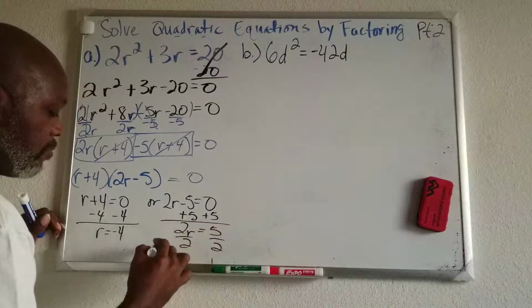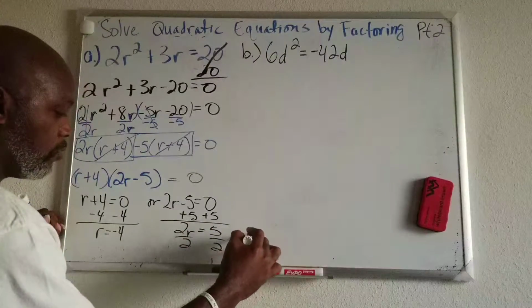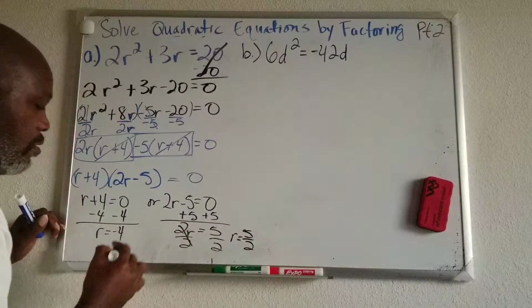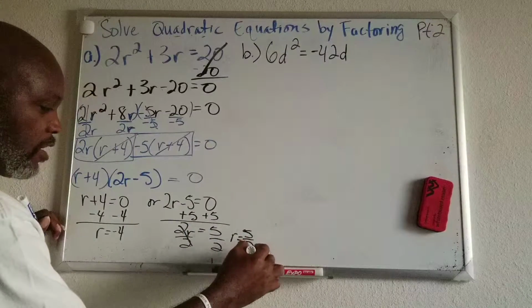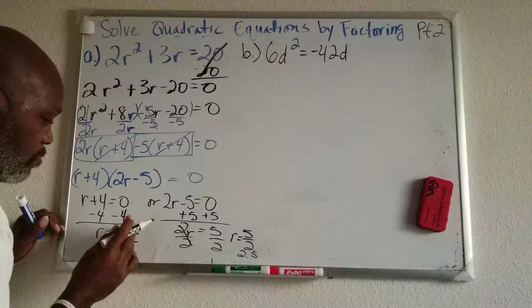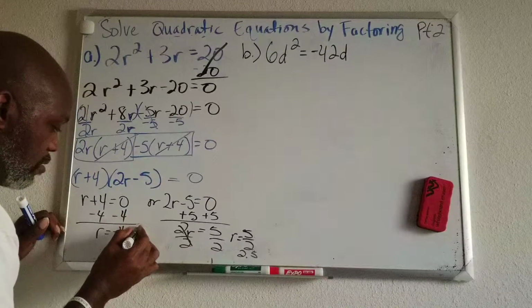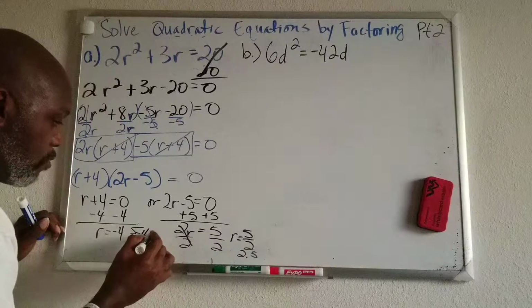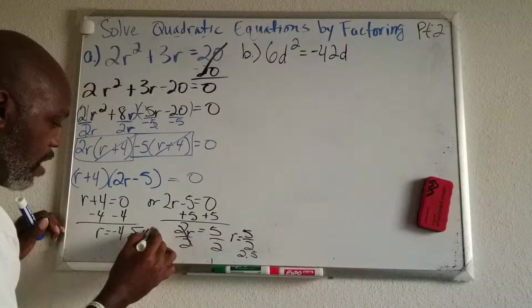And we get r equals 5 over 2, which is also 2.5. So my answer, I always mess that up, sorry. My answers are negative 4 or 5 over 2.